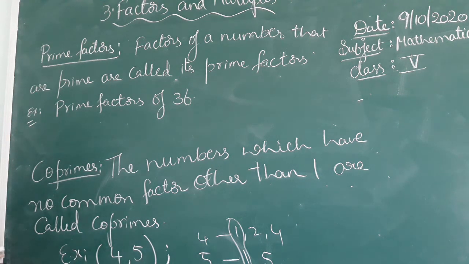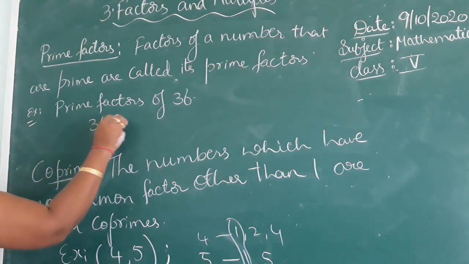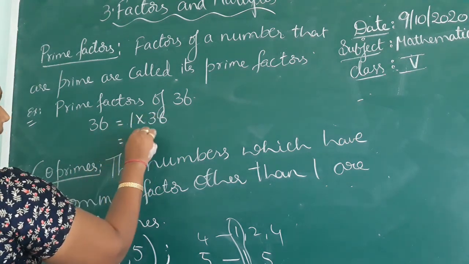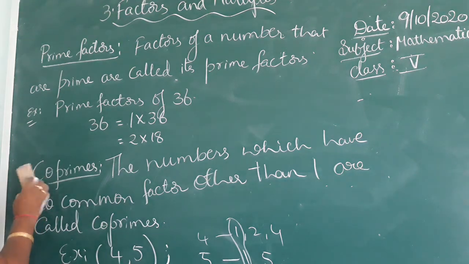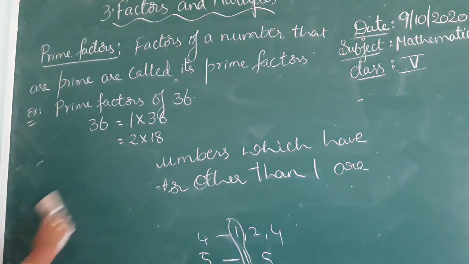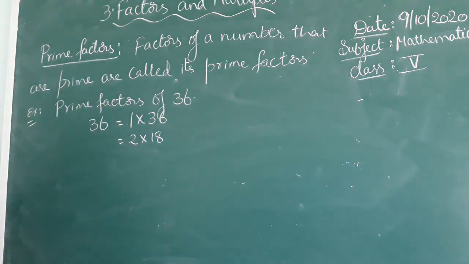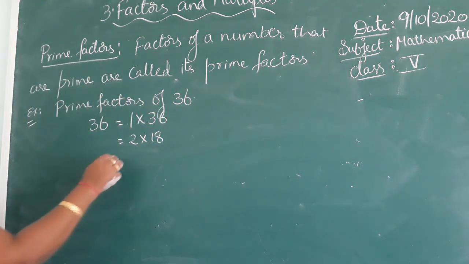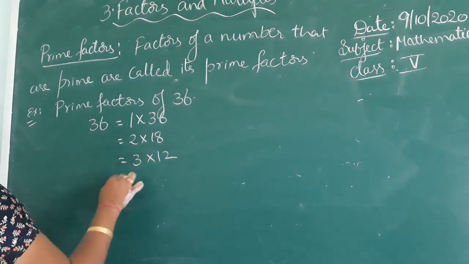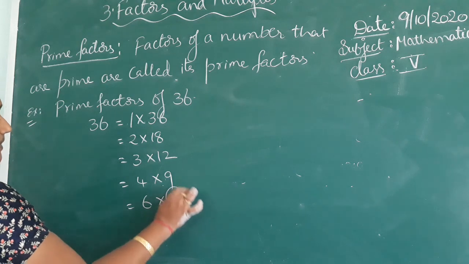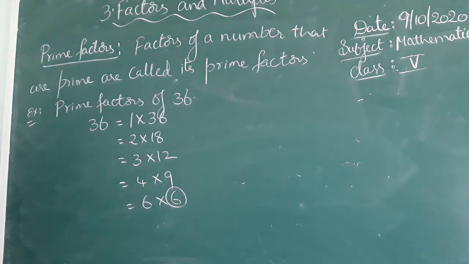For 36: 1 36, 2 18s, in the 3 table 12 3s are 36, 3 12s, 4 9s are 36, 6 6s are 36. One number is repeated, so you have to take it only once.